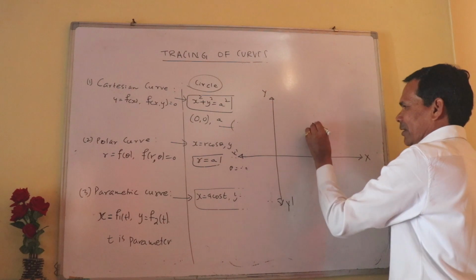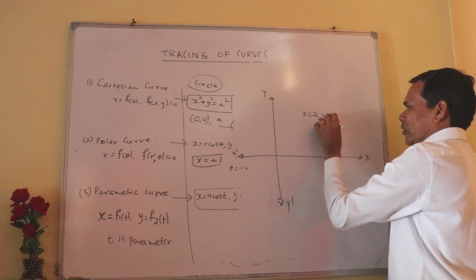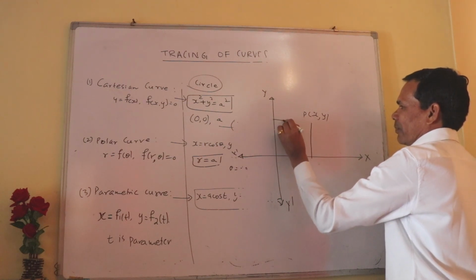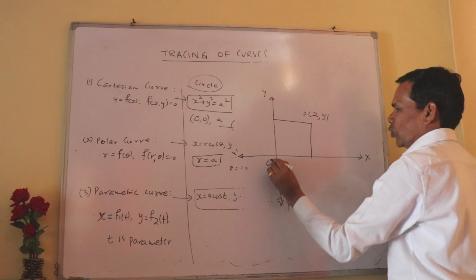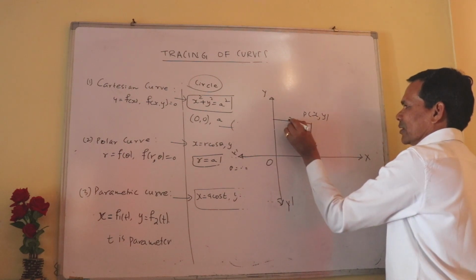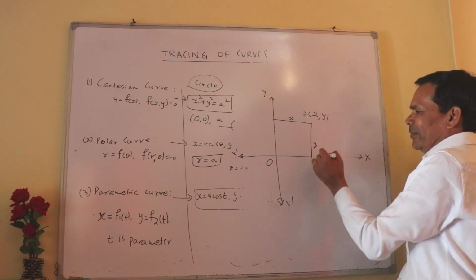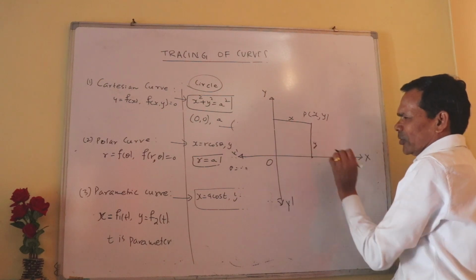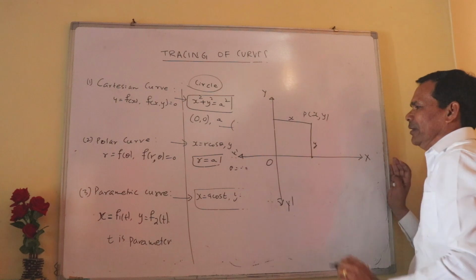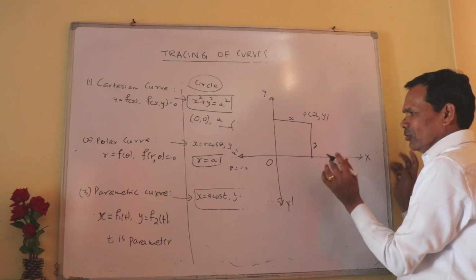If you take some point P(x, y) and draw a perpendicular on the x-axis and on the y-axis, this is the origin. This distance is y, this distance is x. x means distance from the y-axis, y means distance from the x-axis. So this is the significance of the point P(x, y) in the xoy plane. You must know the location.